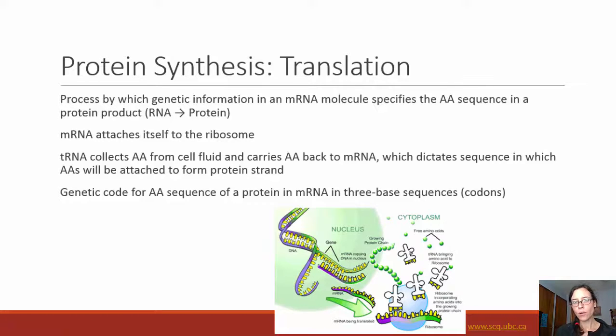In doing so, the amino acids build on each other and we get a protein chain. You see that this tRNA carries just one amino acid, but has three bases. It's these three bases, called codons, that determine which amino acid is going to be collected by the tRNA and added onto the growing protein strand. So really, mRNA is ensuring that the amino acids are lined up in the correct sequence.